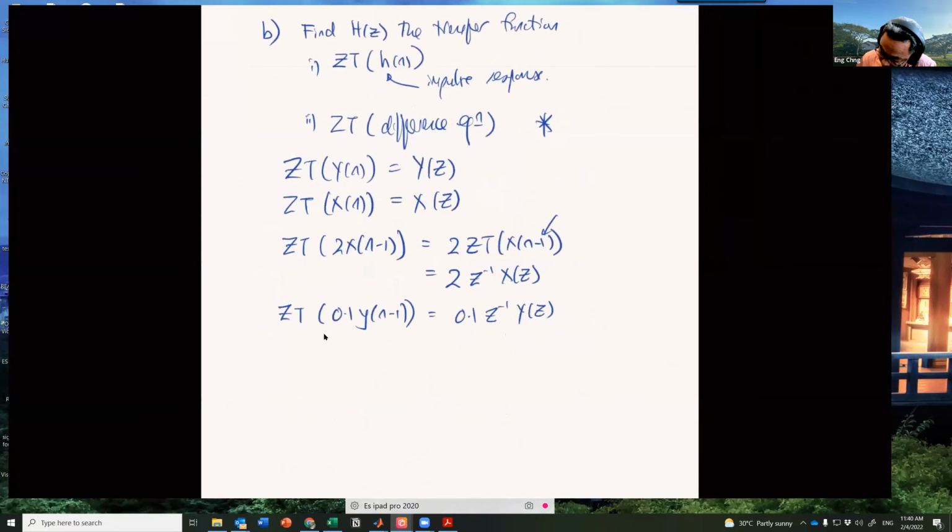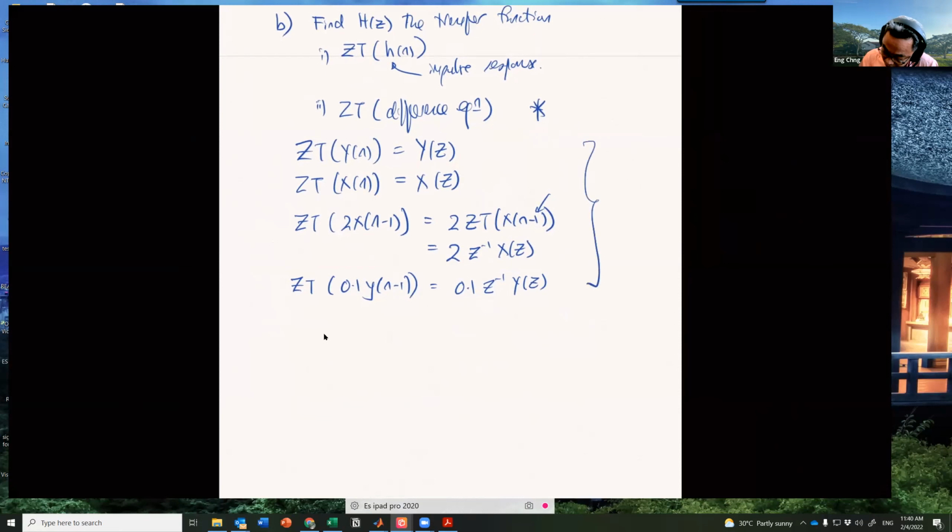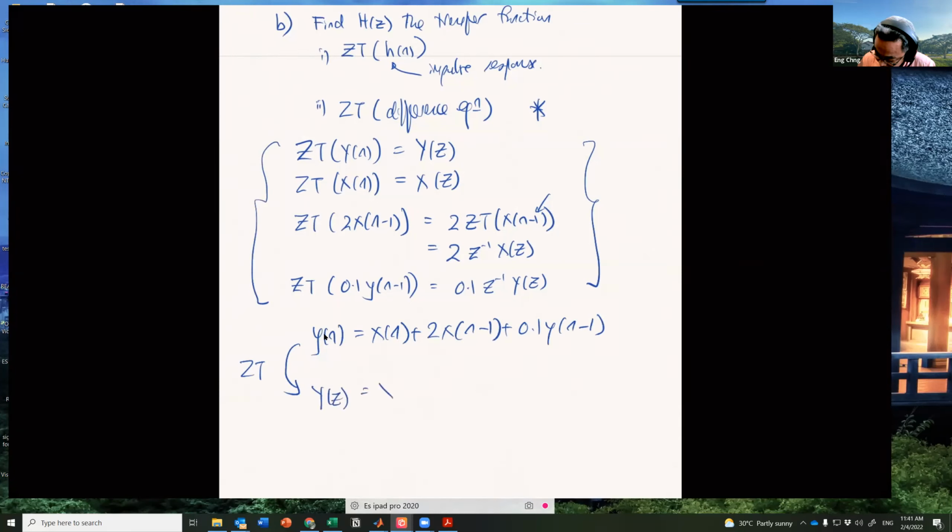So with the properties of the Z transform, I look at the equation, which is originally y of n equals x of n plus 2x of n minus 1 plus 0.1 y of n minus 1. What do I do? I perform Z transform. I use this table, and then this is Y of z equals X of z plus 2 z minus 1 X of z plus 0.1 z minus 1 Y of z.